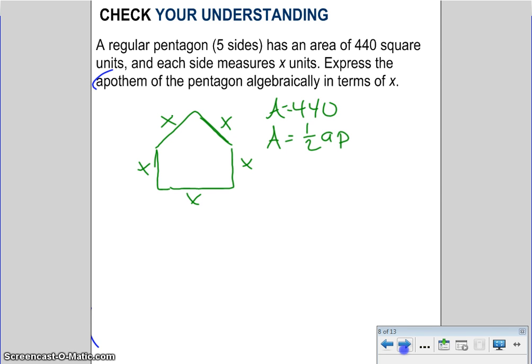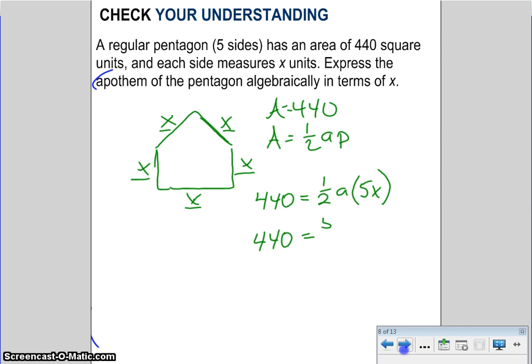So in this case, we do have the area. The area, 440, equals 1/2 of the apothem times 1, 2, 3, 4, 5x. Next, we're going to multiply what we can through, and we end up with 440 equals 5/2 ax. We're going to multiply both sides by the reciprocal so that we can get rid of those numbers.